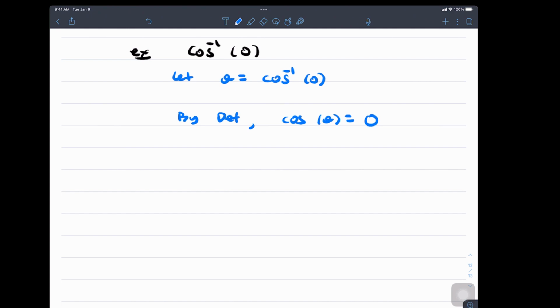What do you guys know about theta? Where's cosine 0? Pi over 2, 90 degrees. Go back to the curve. It's an intercept. Is that true? So this one is pretty nice and simple. You don't go to a special triangle. You think of the curve, the cosine curve, because it's an intercept.